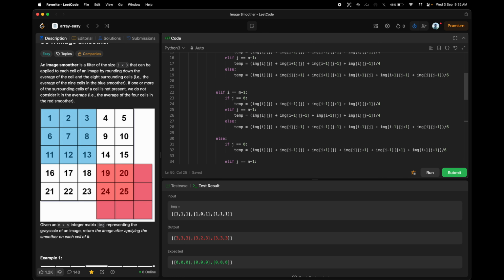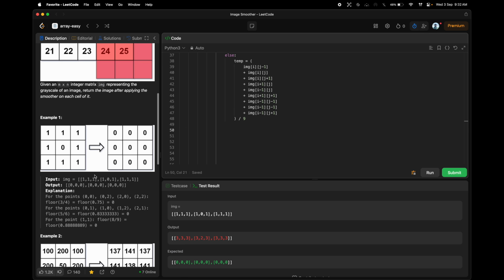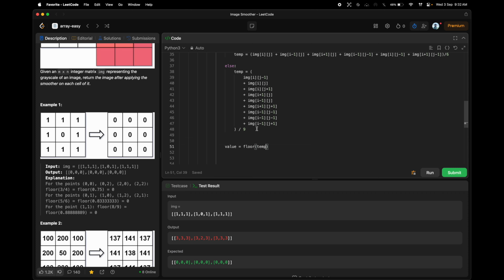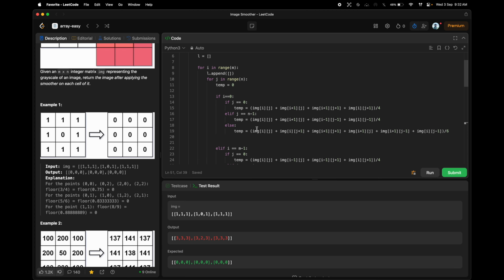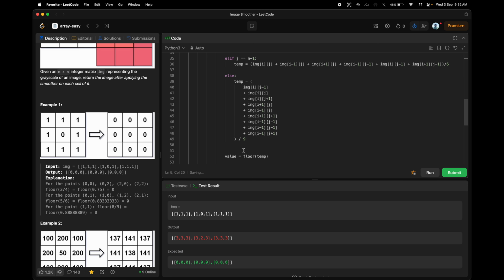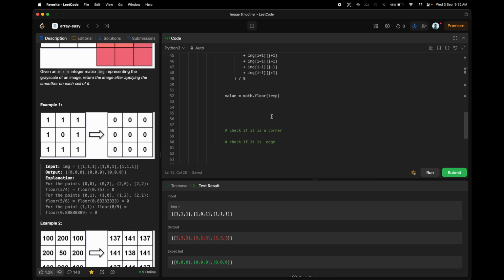Now at the last I think we need to do the floor. I don't know how the floor will go, but value would be this floor of temp. I think I need to use math. Let's use it. I don't know how to use floor, but anyways. And then what I needed was L dot append, L of I dot append.